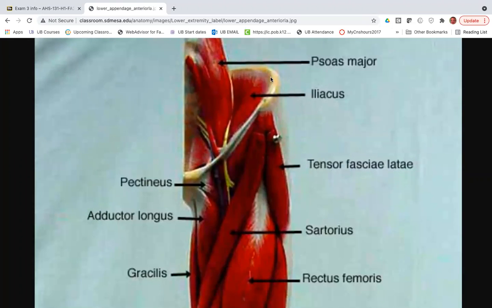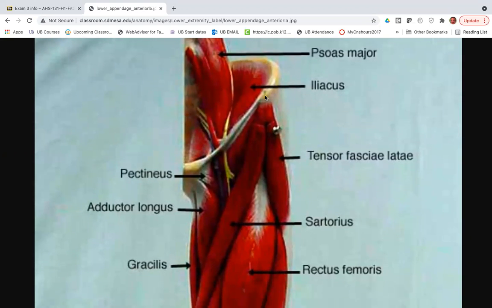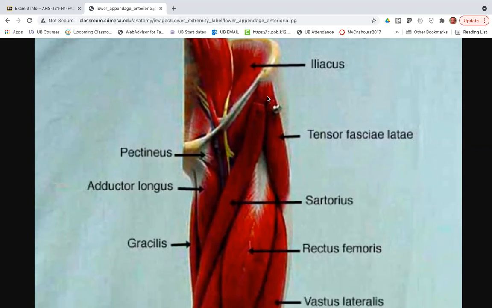Now here's the iliac crest, and right at the front is the anterior superior iliac spine. And again, the anterior superior iliac spine has these two muscles that look like they're originating right on the ASIS.